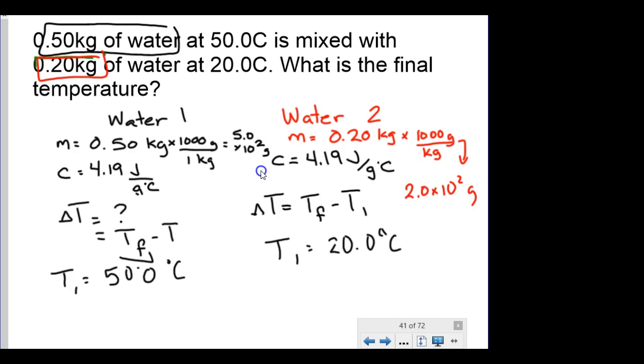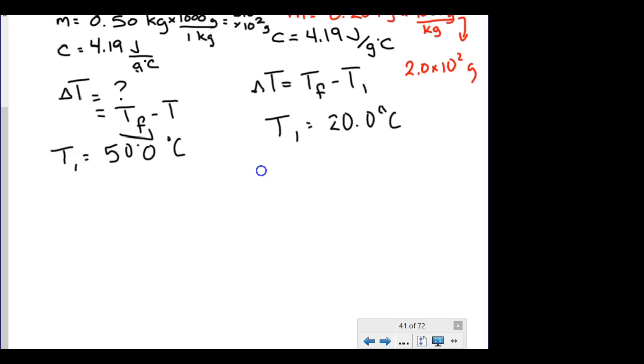Yes, so that's going to be negative Q. Water sample number 2 is going to be positive Q. So we have negative Q equals positive Q. We're going to expand Q for each side.